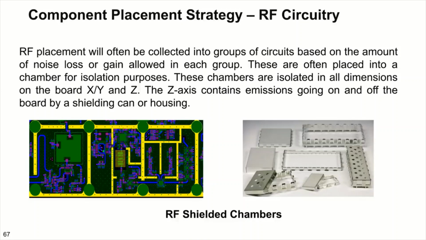These chambers are isolated in all dimensions on the board, both the X, Y, and the Z. The Z-axis contains emissions going on and off the board. We can control that with a shielding can or a housing, or the layer below it can and should be ground. So again, consider making groupings that you could possibly shield with a can.